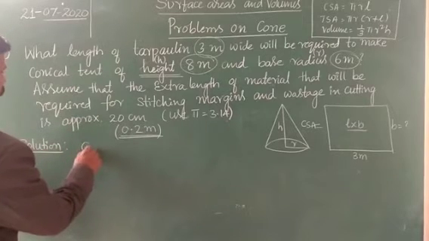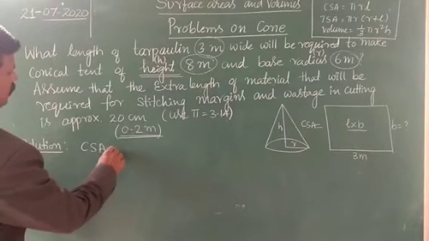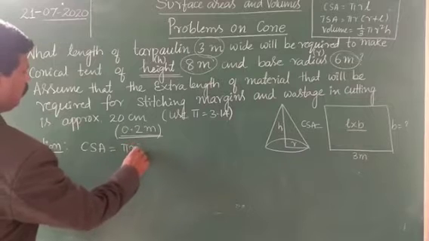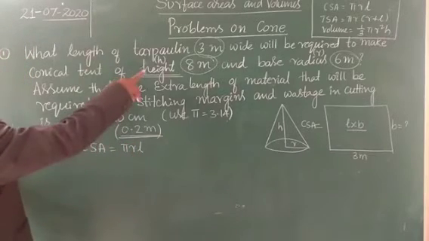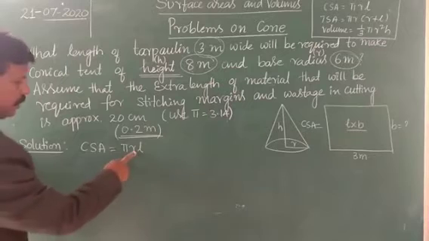We want CSA. So CSA is what? Pi r L. Here h is given, r is given, L is not given.